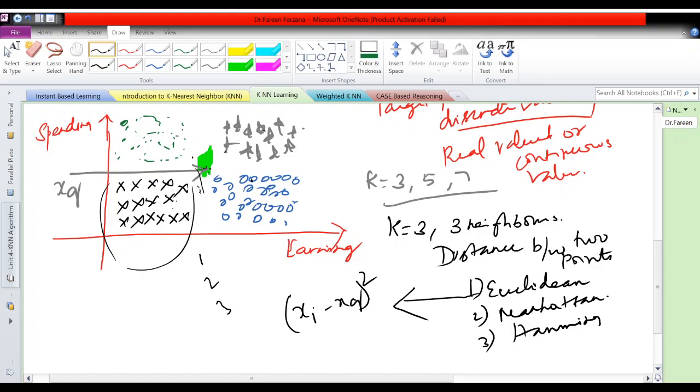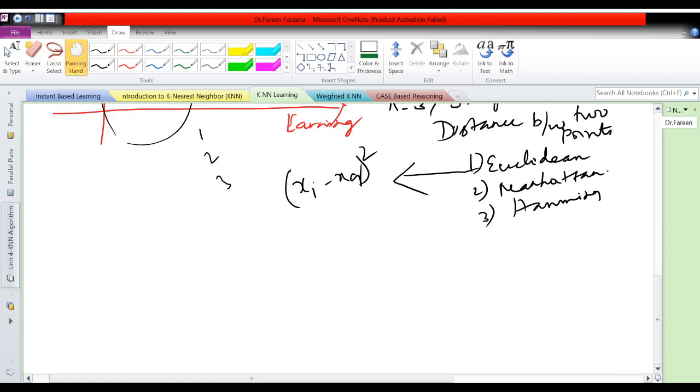And here, as given in your textbook, I have a query point xq in space, and I have 2 positive classifications within a decision boundary, and there are a lot of negative classifications.